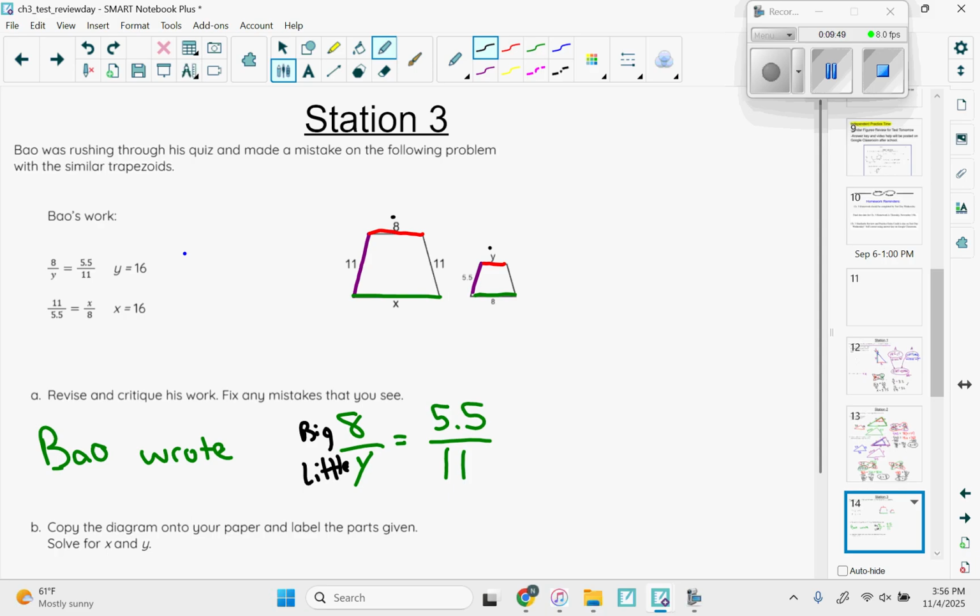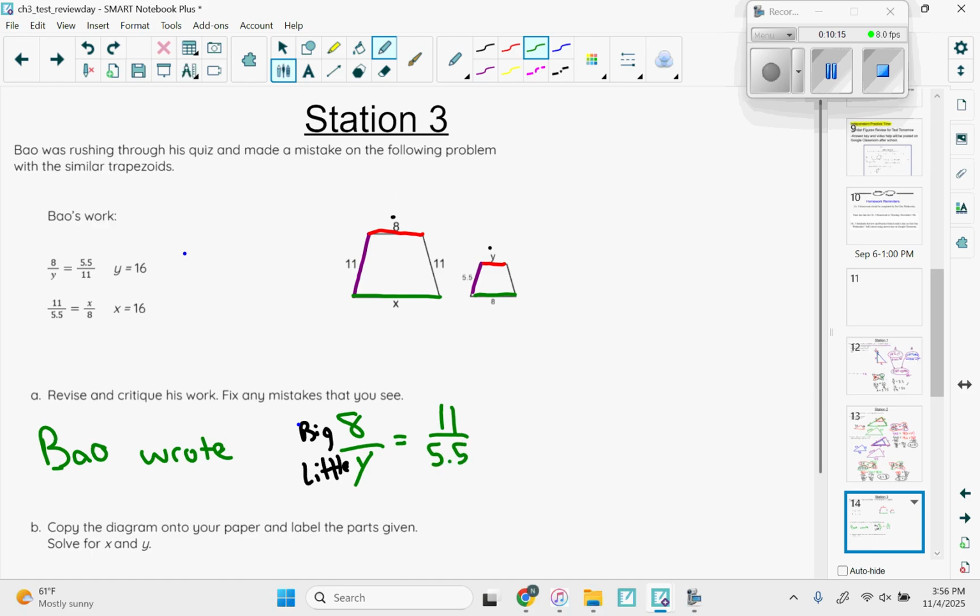He's got to follow that same order with the other ratio, but he wrote 5.5 from the little trapezoid over 11 from the big trapezoid. So he has to flip 5.5 and 11. So it should look like this, 11 over 5.5.